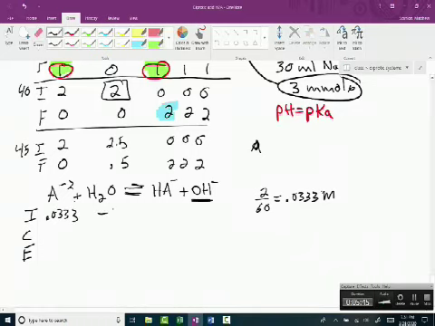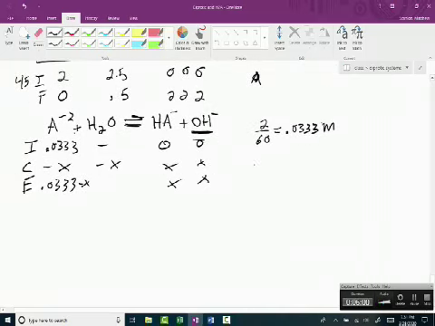So let me fix that. 0.0333 minus x, and x, and x, and I end up with Kb1, which is Kw over Ka2, Kw over 1 times 10 to the minus 9th, which is, what is it?